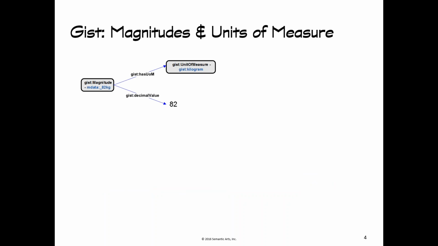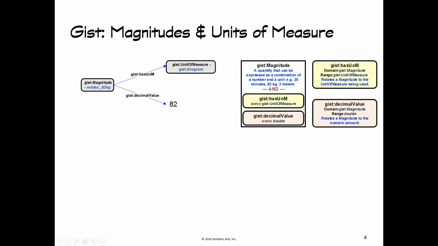So here's just how we represent that in GIST. We have a class called a magnitude, and we would just give a name to the quantity 82 kilograms, and we would point to the unit of measure has UOM as being kilogram, and then we point to the number, which we use in GIST as a decimal value. So let me get rid of my screen.